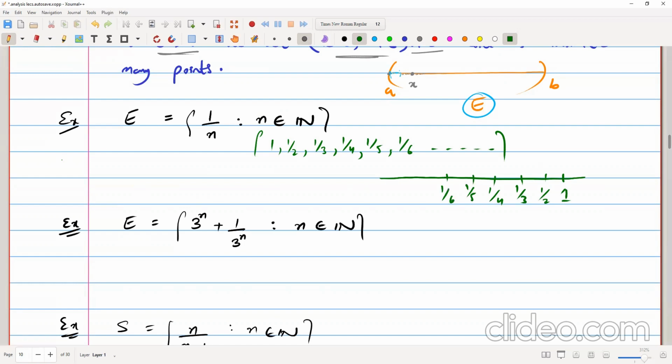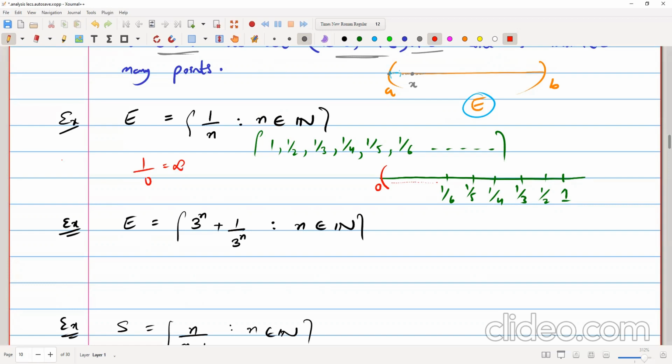Okay. And there will be a time when moving to infinity, there will be a time it will reach 0. But 0 will not be contained in the set, because we are not thinking about the infinity right now. We know that 1 over 0 is infinity, but we are not including this infinity in the set.